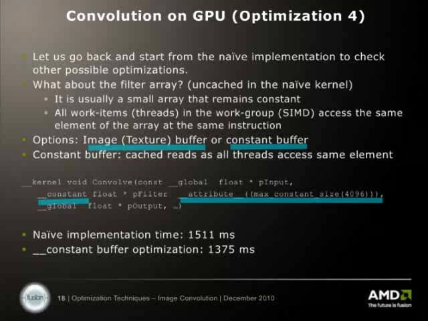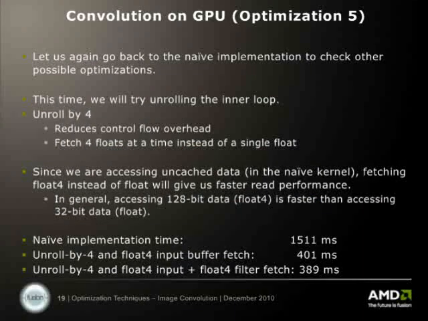In this case, my max size is, let's say, less than 4K, which is fine. It goes to constant memory. So what happens if it goes to constant memory? If all the threads are accessing the same element, it gets cached. So if work item 0, work item 1, work item 2, all of them are accessing filter 0 at the same clock cycle, it gets cached, right?